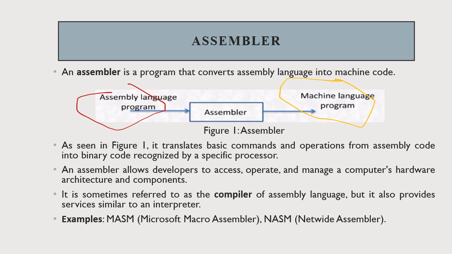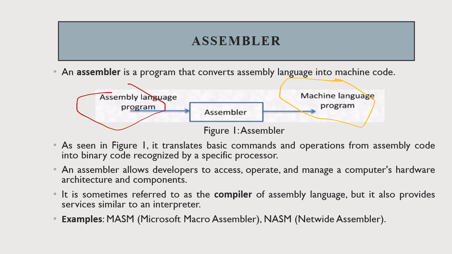So at this point, one should be able to understand that processors differ from system to system, and depending on the computer one uses, similarly that effect has on the assembler, because no two different computers have the same assembler. So an assembler allows these developers to access, operate, or manage a computer's hardware architecture and components.